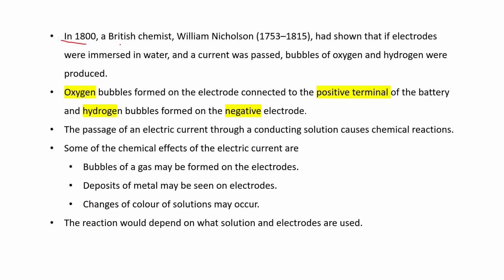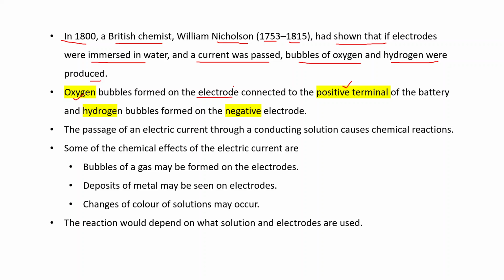In 1800, a British chemist, William Nicholson, 1753 to 1815, showed that if electrodes were immersed in water and a current was passed, bubbles of oxygen and hydrogen were produced. Oxygen bubbles formed on the electrode connected to the positive terminal, also known as the positive electrode.